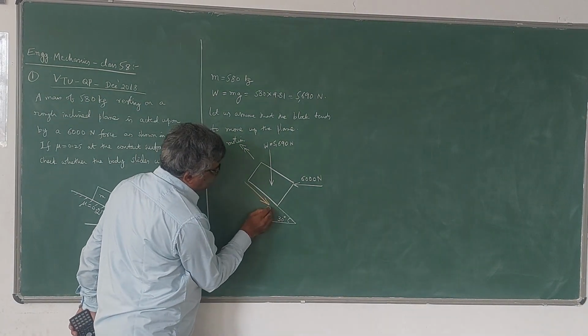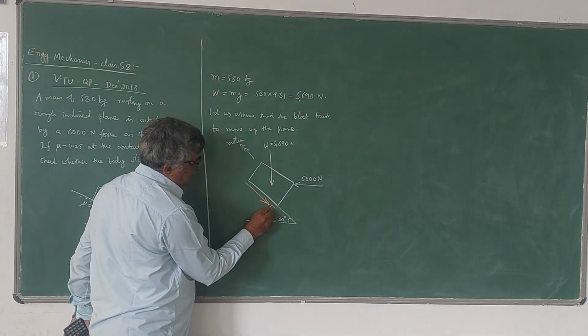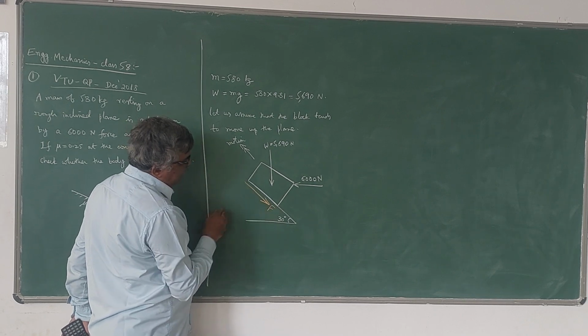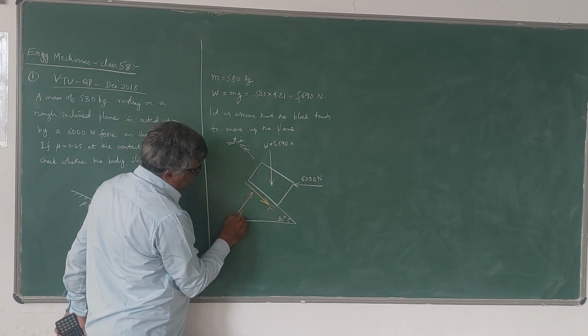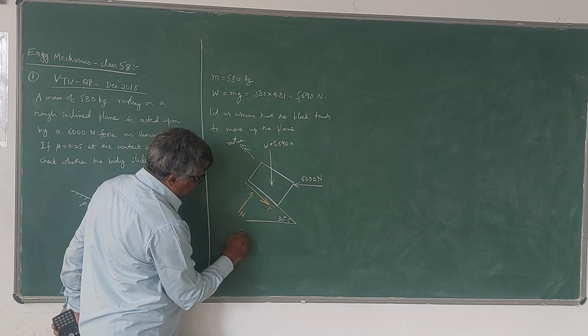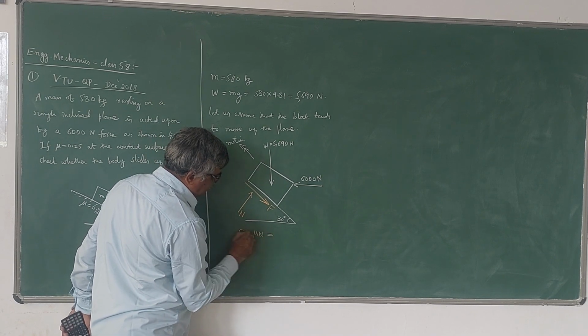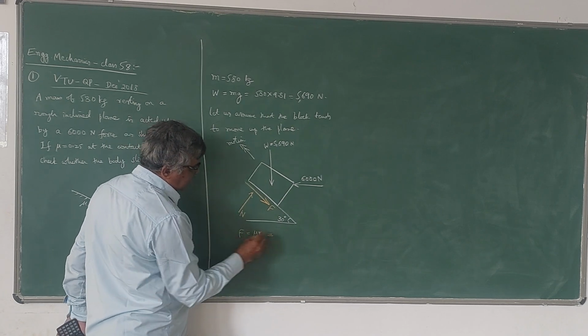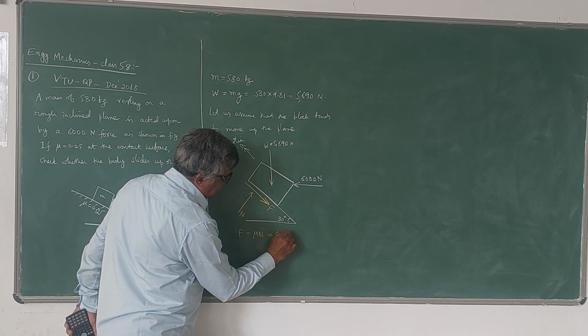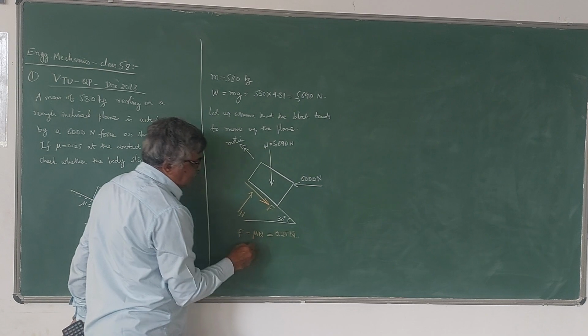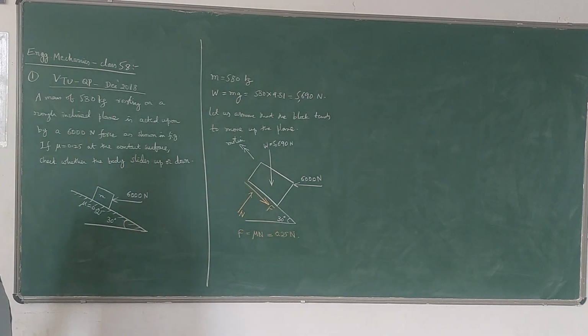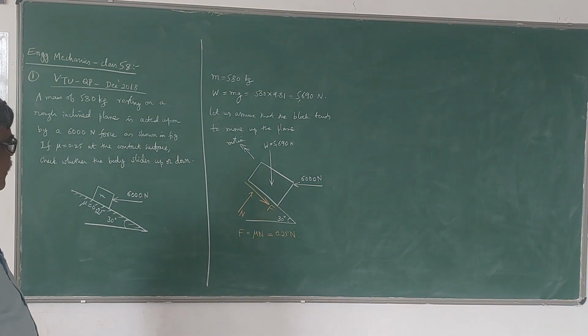F is the frictional force which acts down the plane, and the normal reaction will be like this. We know that F is mu times N, limiting friction equal to the coefficient of friction multiplied by the normal reaction. Coefficient of friction is 0.25, so it is 0.25 times N.